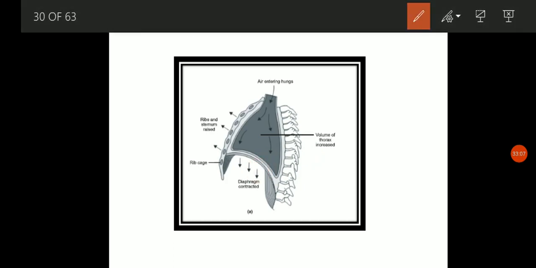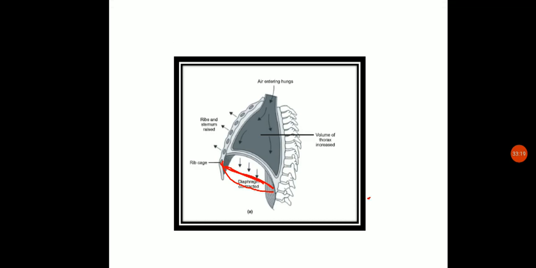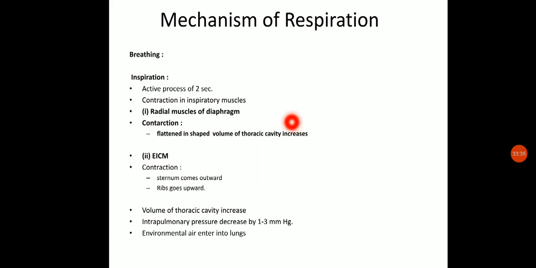When it gets flattened, the total volume increases. The diaphragm gets flattened under the effect of contraction of the radial muscles. So inspiration occurs mainly by the contraction of two muscles: the radial muscles of the diaphragm and the external intercostal muscles of the ribs.